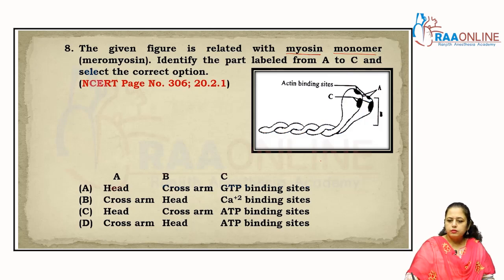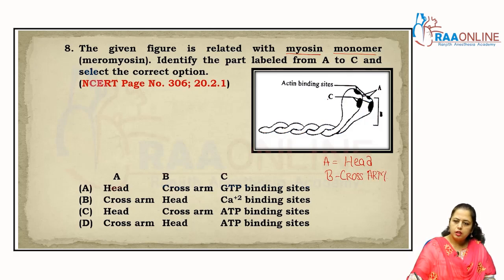A is the head, B is the cross arm, and C is the ATP binding site.